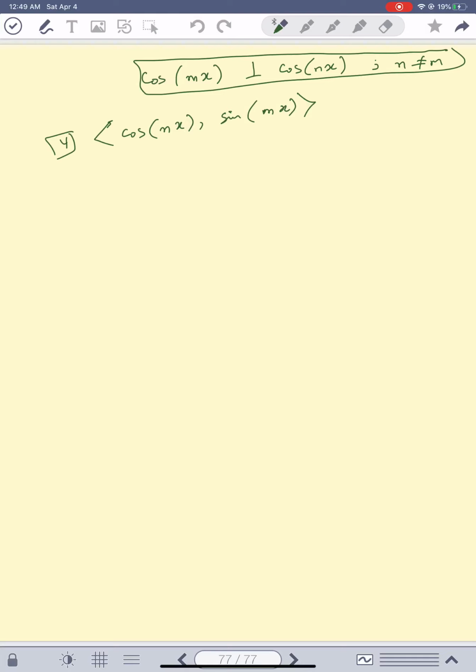We're talking about cosine and sine, so cosine x and sine x, cosine 2x and sine 2x possibly. So how do you compute this inner product? It is the integral. We know that the cosine is even, the sine is odd, the product is odd, and the integral is 0. So we've shown that the cosines are orthogonal to the sines.